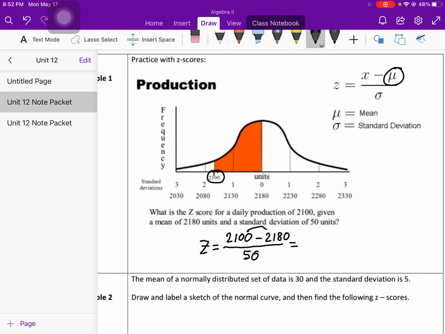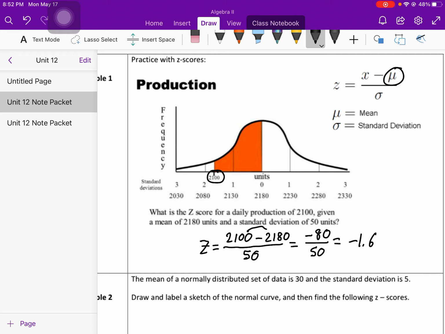Note that we are subtracting a bigger number from a smaller number, so we get negative 80 divided by 50. If you type that into your calculator, you're going to get negative 1.6.